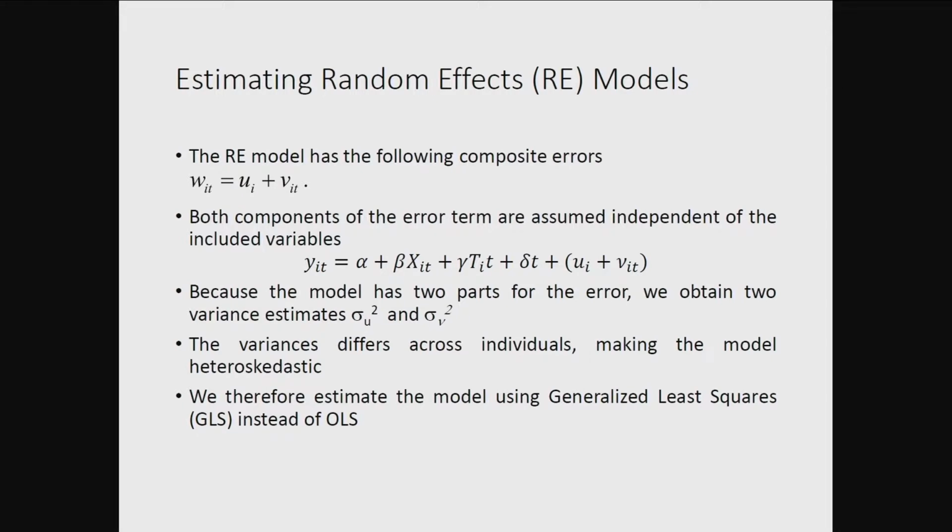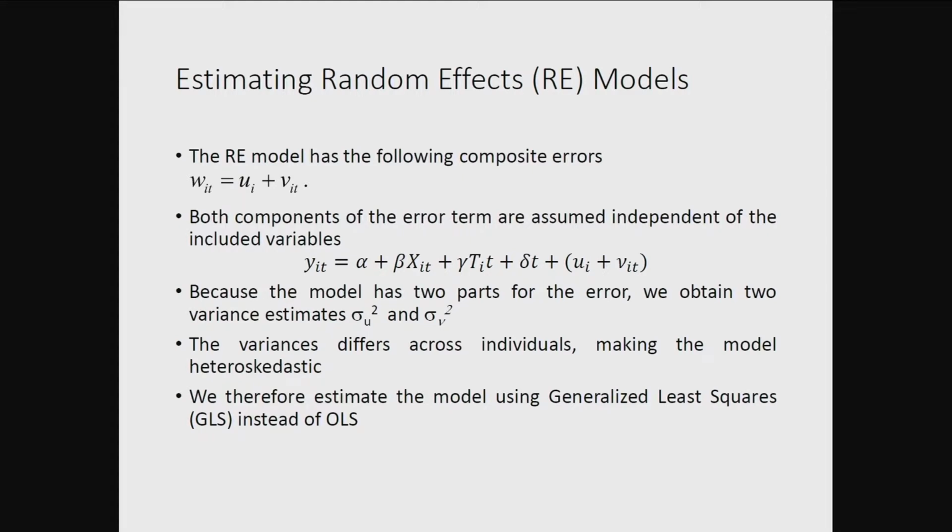So given the fact that this model has two parts of the error, we obtain two variance estimates, which are sigma square u, the variance of the first component, and sigma square nu, the variance of the second component. Because now my error term includes two components, the individual one and the IT one.